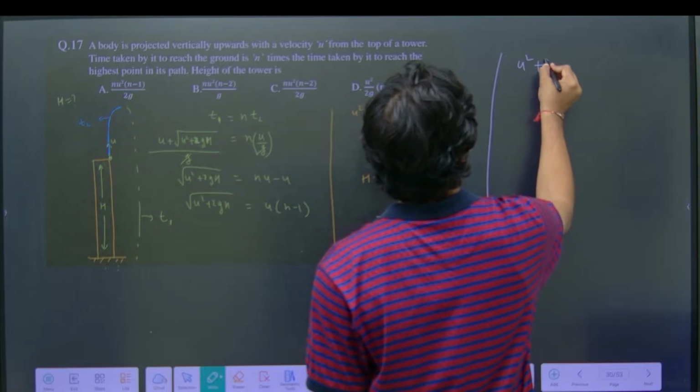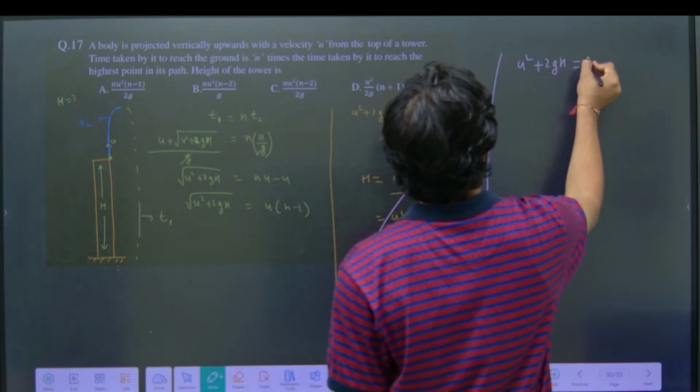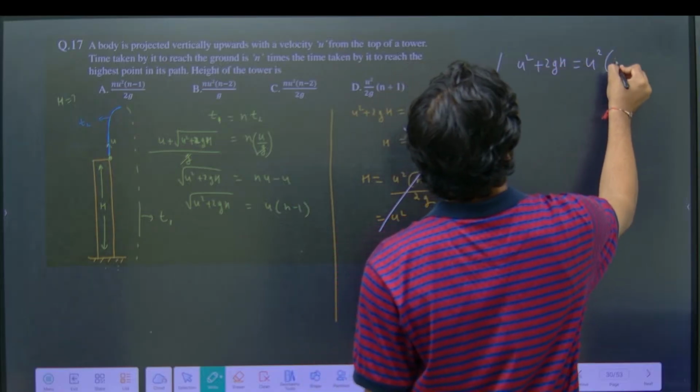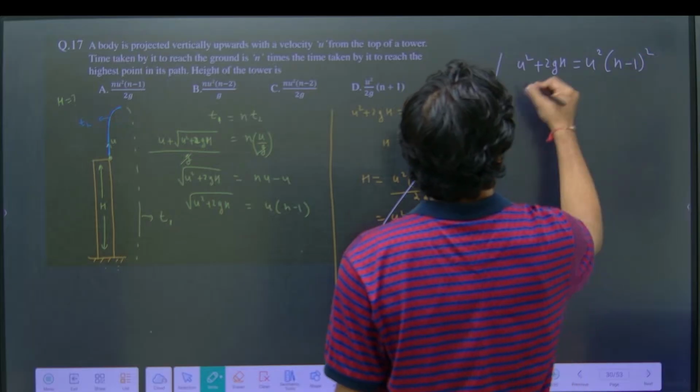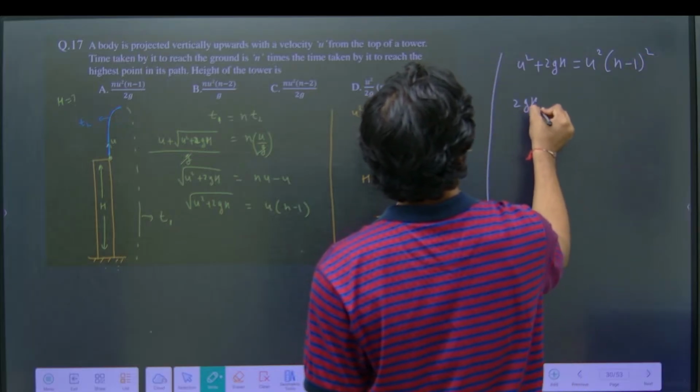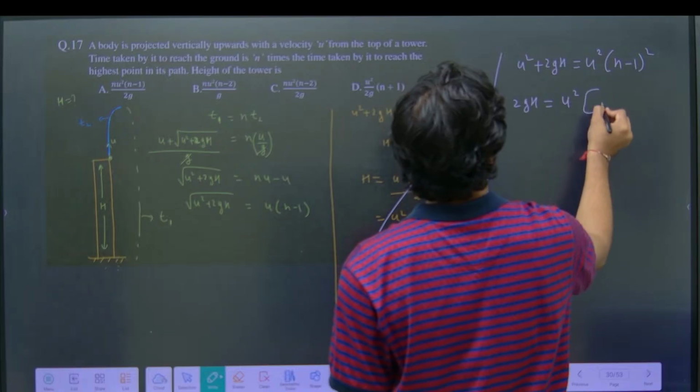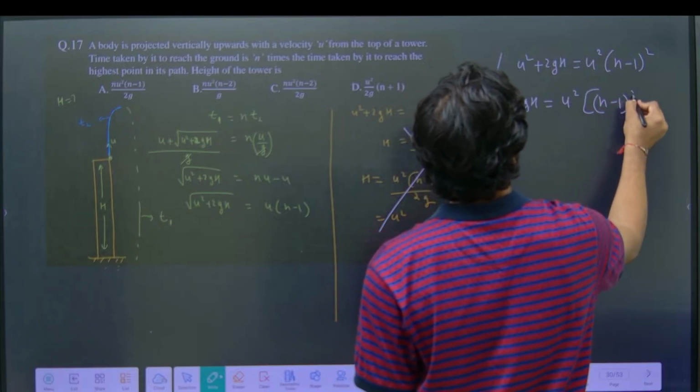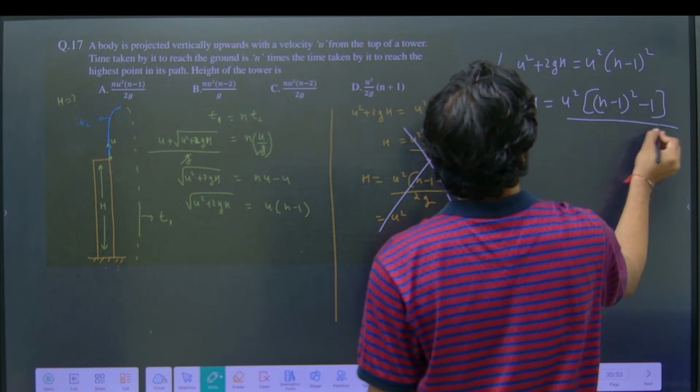u square plus 2gh equals u square n minus 1 whole square. So 2gh equals u square times n minus 1 whole square minus 1.